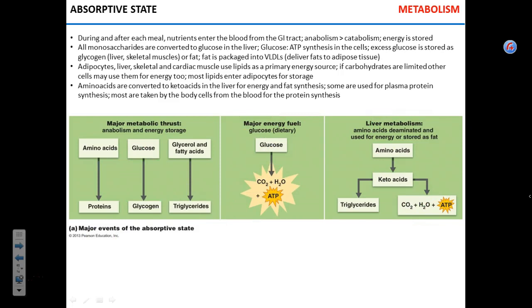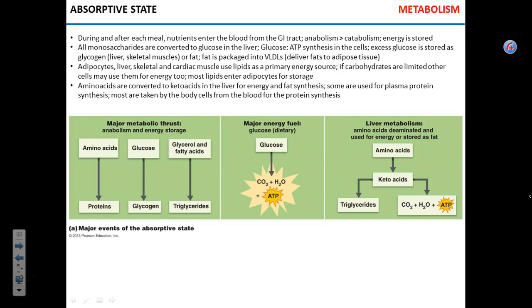Now, absorptive versus post-absorptive state. Absorptive state is what happens to you after the meal. So, you eat, food goes through the mouth and stomach and ends up in the intestines. And in the intestines, you have absorption, right?